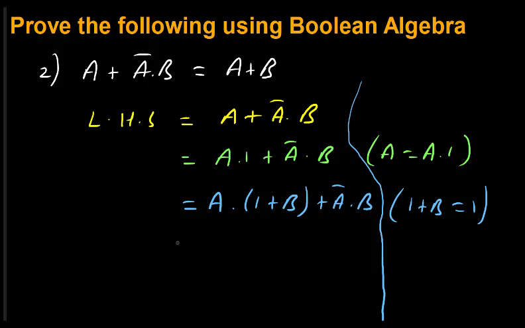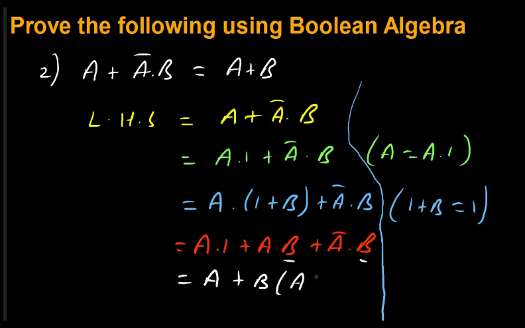So if we open the brackets, what we get is A and 1, A and B, and here this one. Now next A and 1 is equal to A. So here we have A and 1 is A. Now here in this case B is common, so we can take B common, and then we are left with A bar.